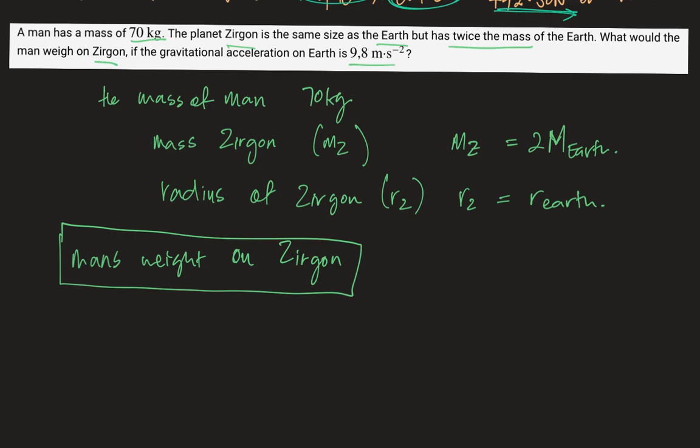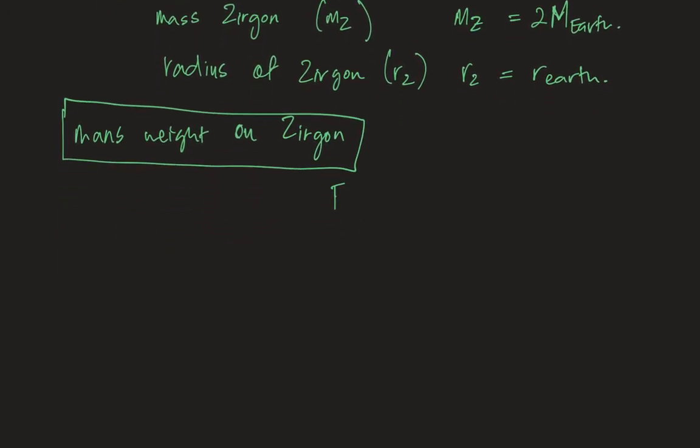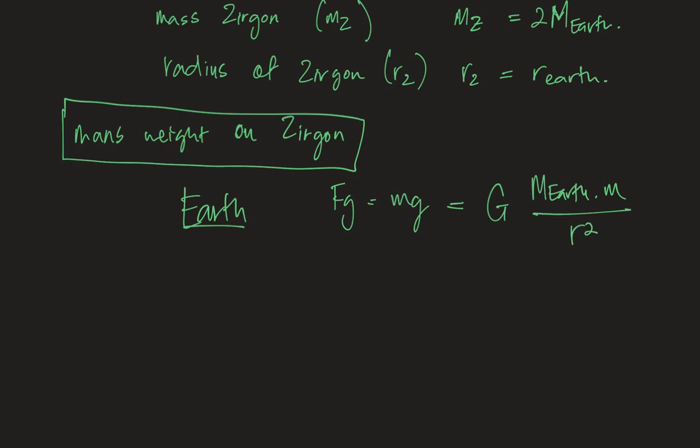So I know that Fg is equal to mg, which on Earth is going to give me G, mass of the Earth, times the mass of any other planet, all over r squared.